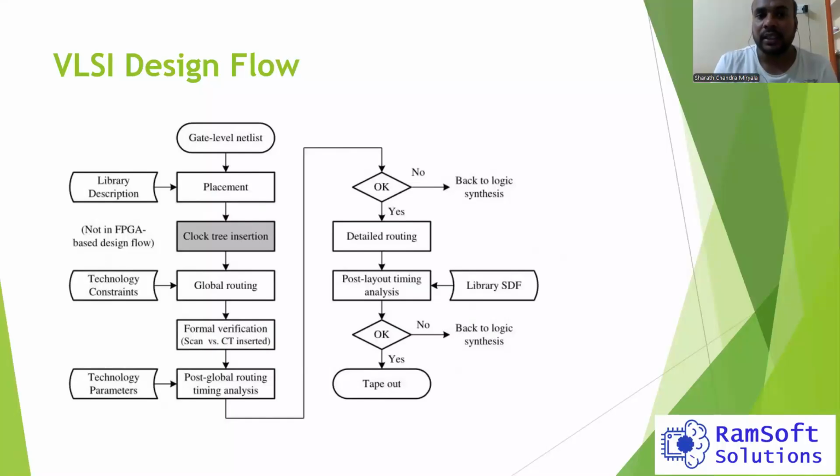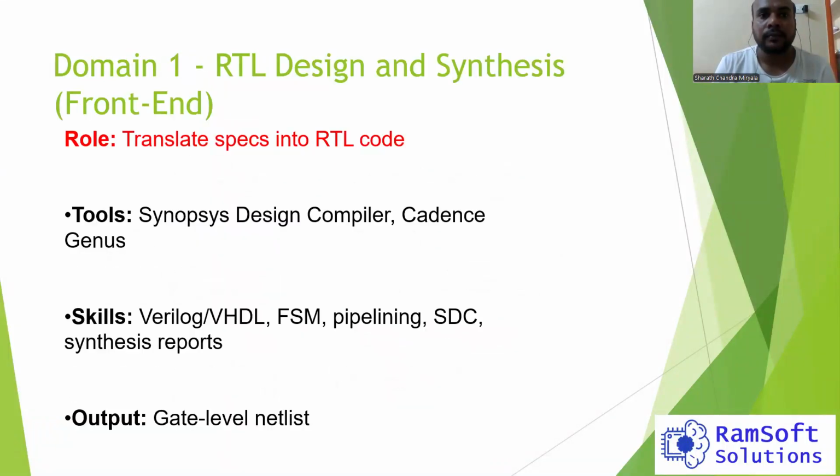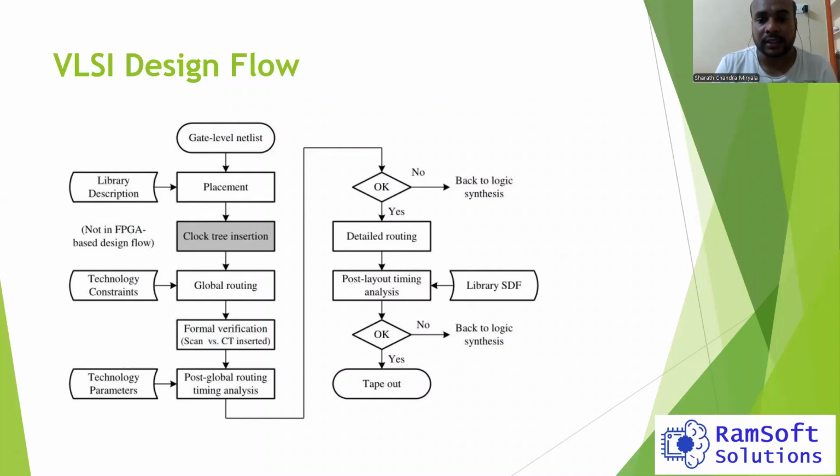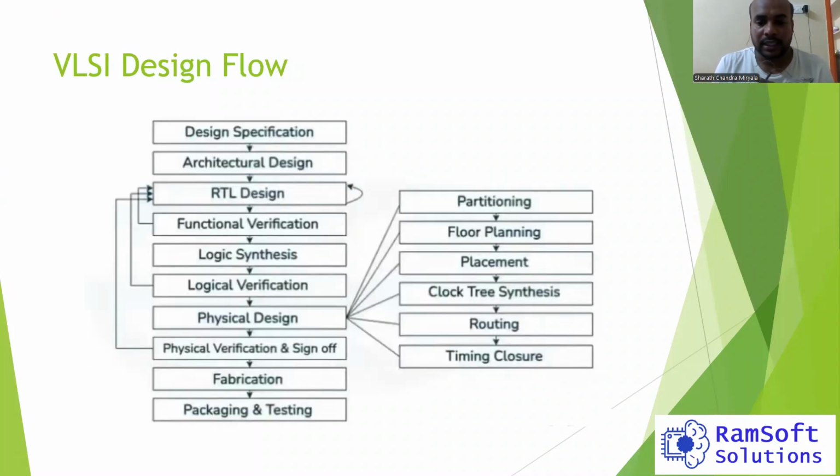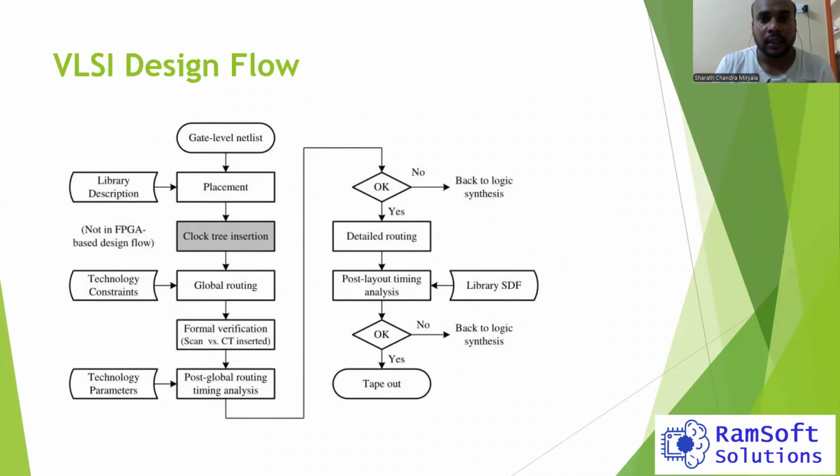Once you're done with the post global timing analysis, if it is meeting everything, you will go for the tape out. If it is not meeting, again you will go back to the logic synthesis, right?